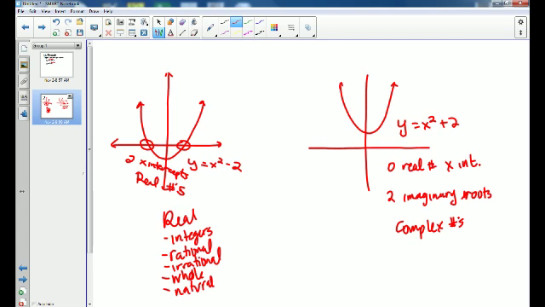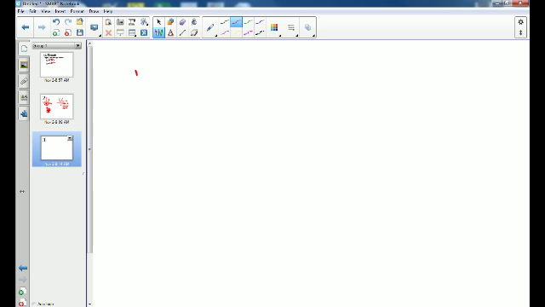Okay. So, is 4 a zero of x squared minus 16? Yes. How would I know that?